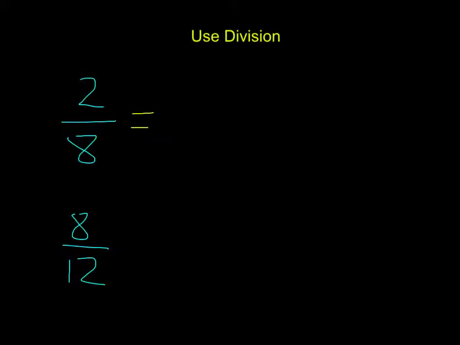So we're going to take our 2 and our 8, divide it by 2, divide it by 2. Whatever we do to the numerator, we must do to the denominator also. So we're going to divide both of these by 2, and let's see what we get here.